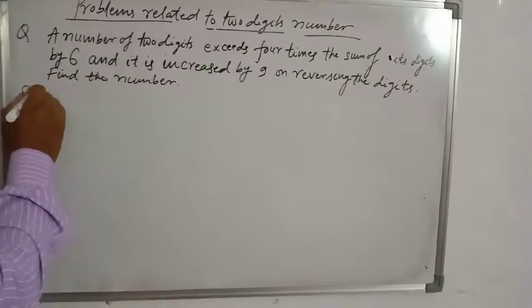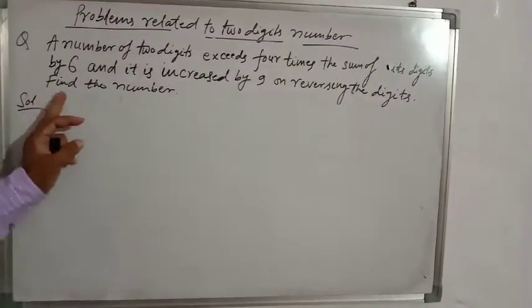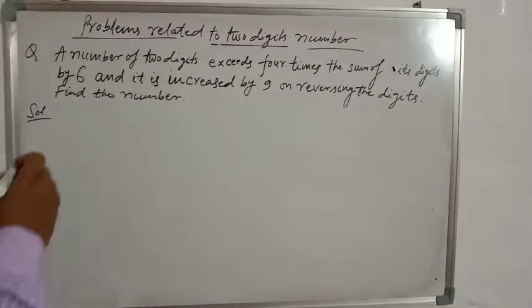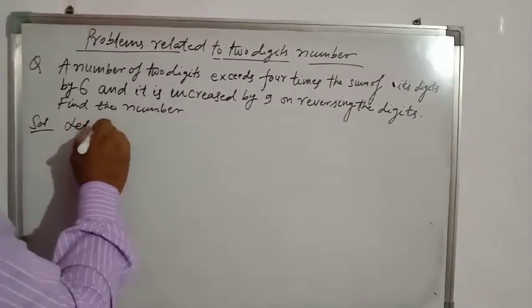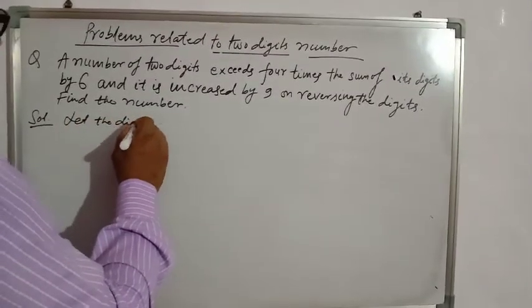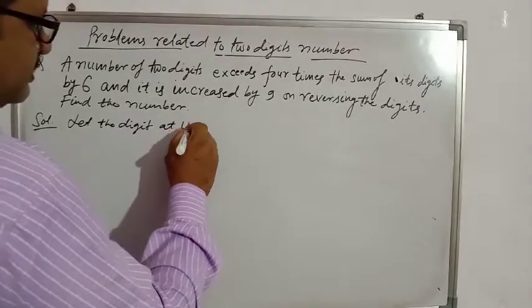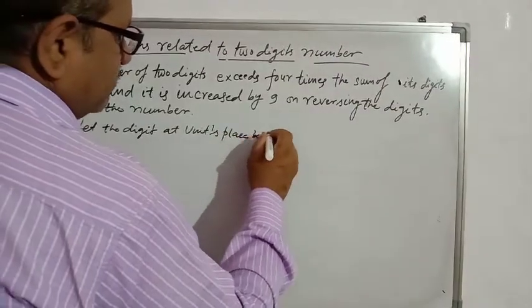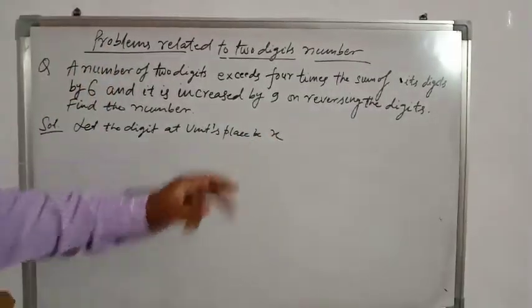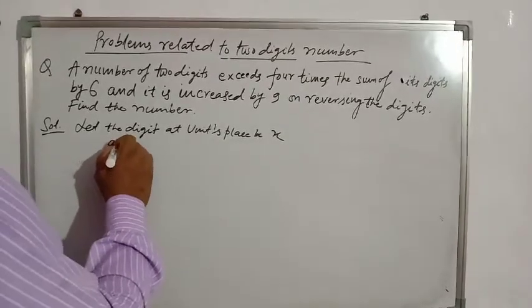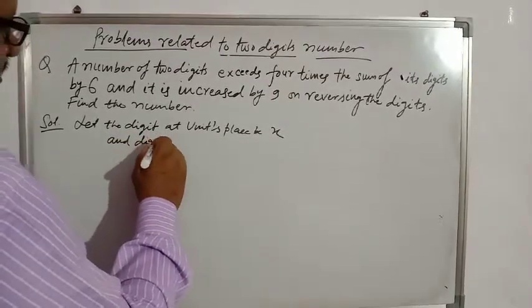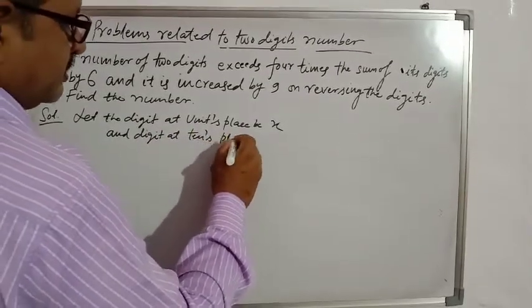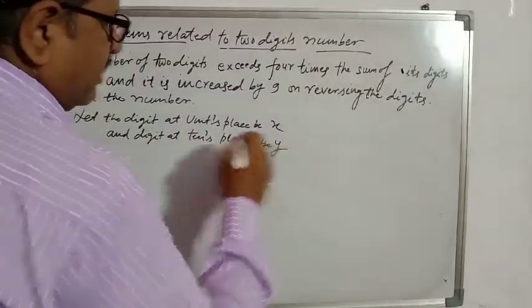So see the solution. In a two-digit number, firstly we will suppose, let the digit at units place be x, means the unit digit is x, and the digit at tens place be y.